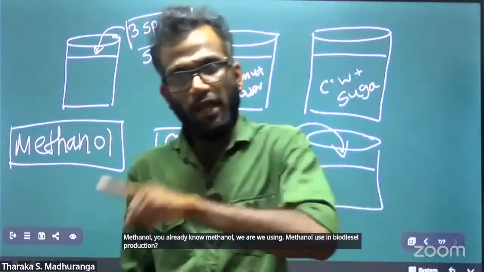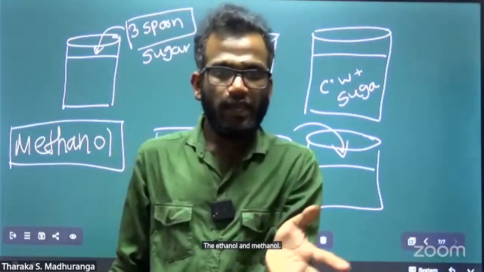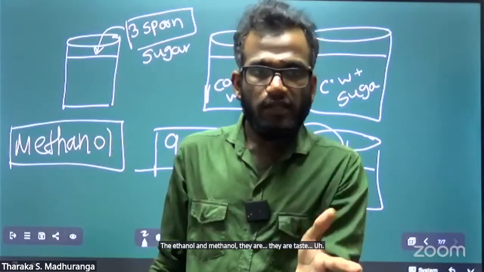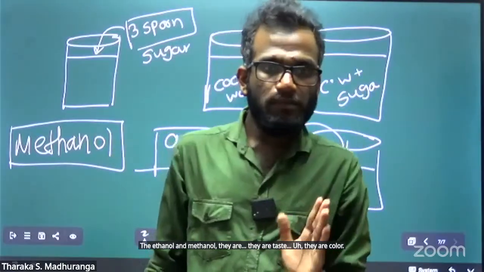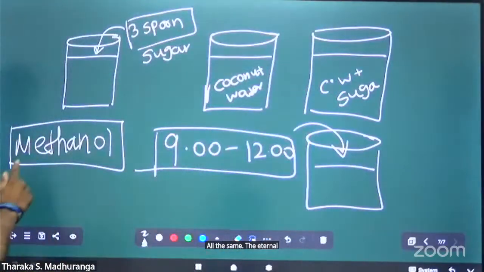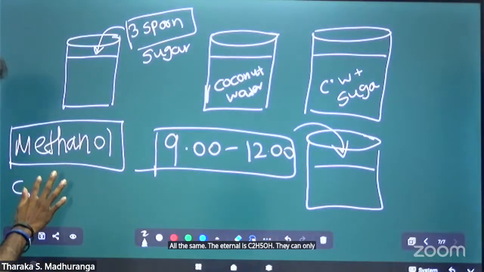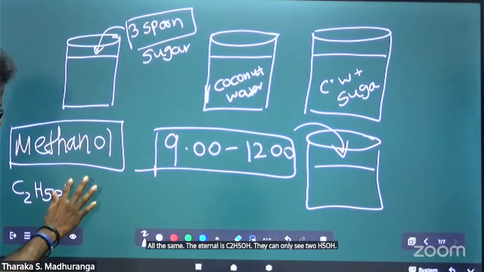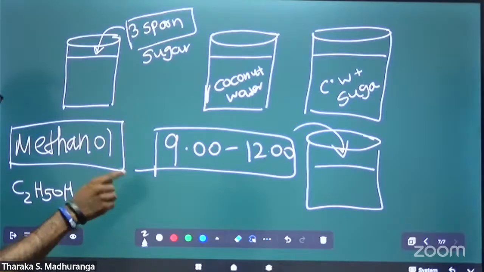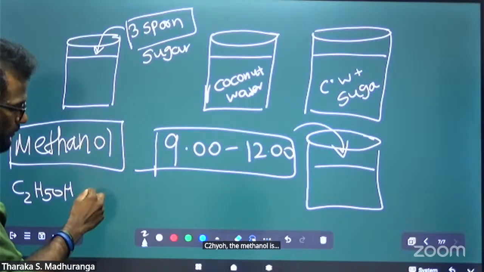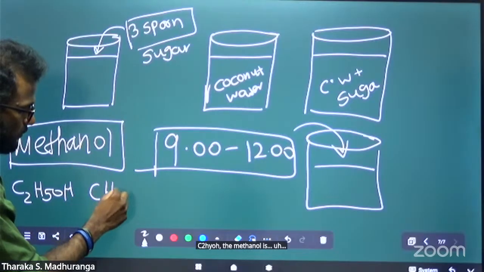The ethanol and methanol, their taste and color are all the same. The ethanol is C2H5OH. The methanol is CH3OH.